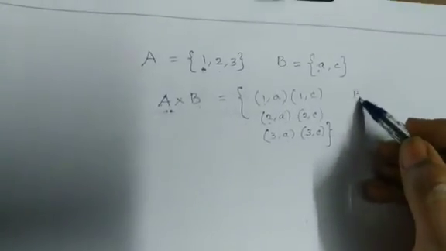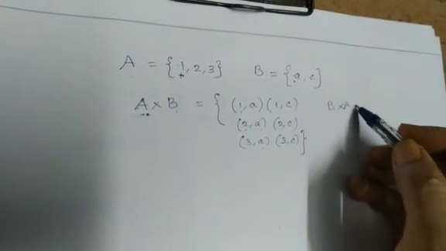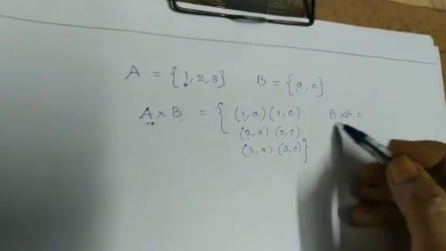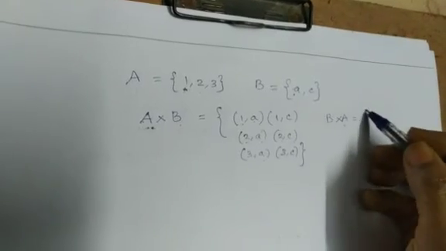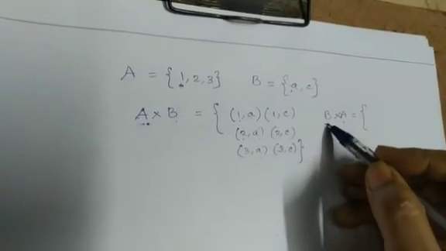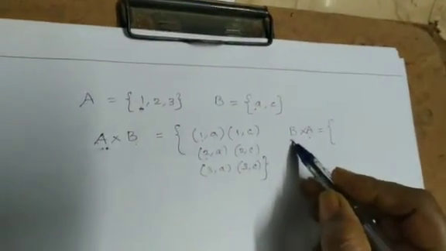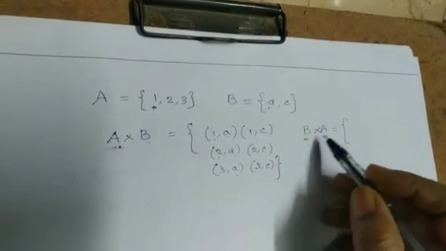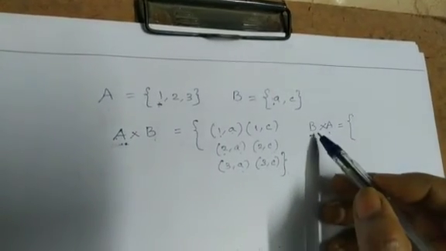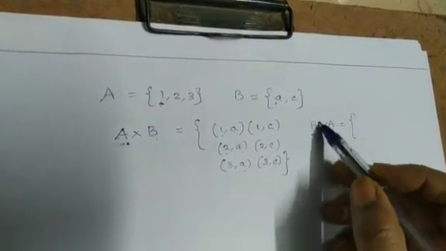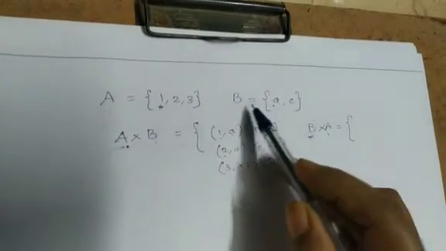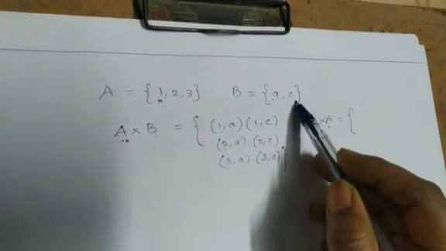Similarly, we can find B cross A, the Cartesian product of the sets B and A. Here, the first set is B. Therefore, the first element of the ordered pair comes from the set B. Here, the elements of B are a, c.